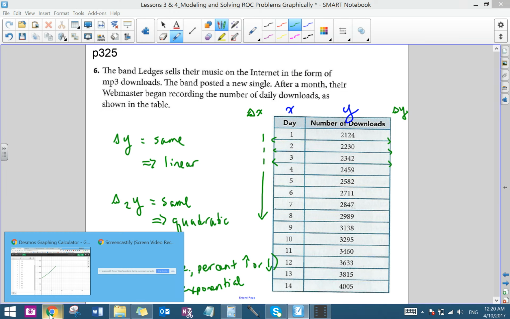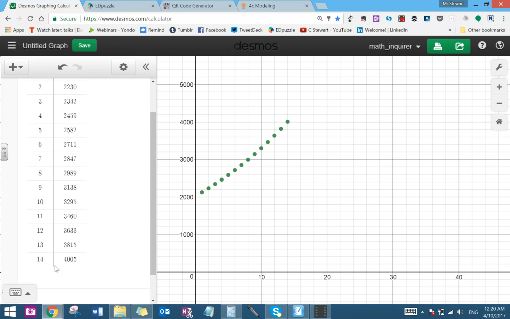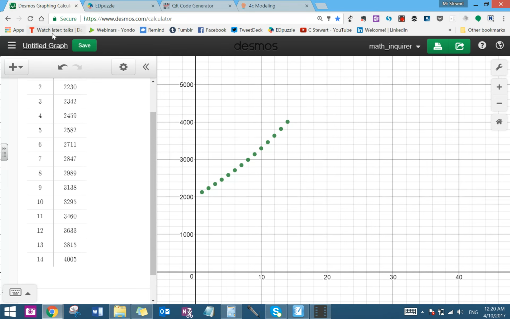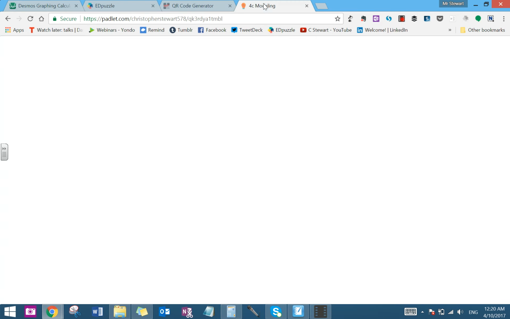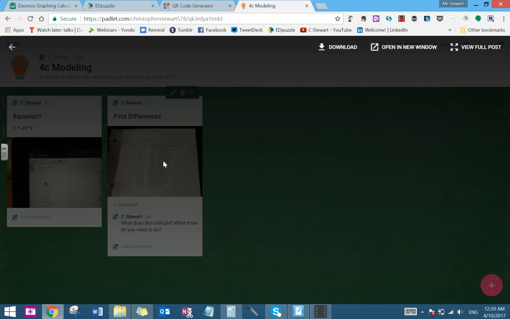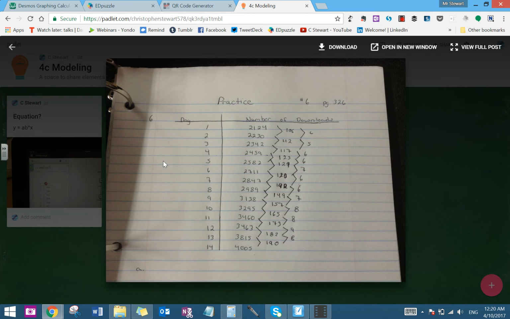So last week, a student created a data table for us, and I'll take you there now. I posted that online. You can tell that in the first column here, 106, 112, 117, 123, these are all the increases in y, or the first differences in y.